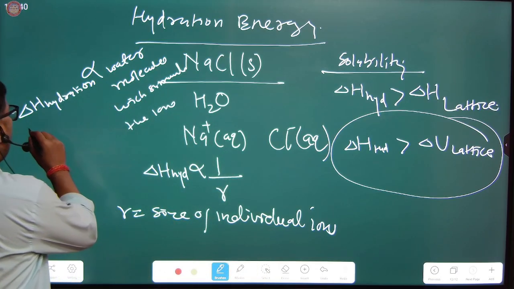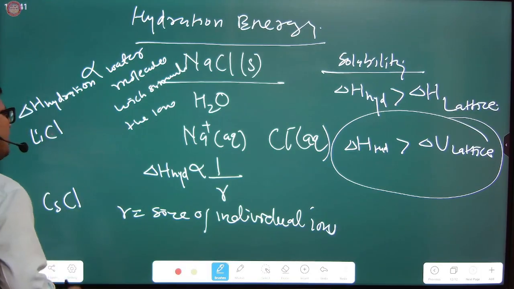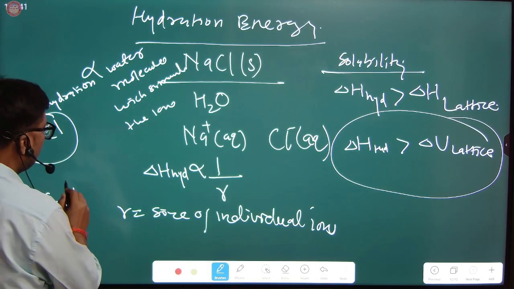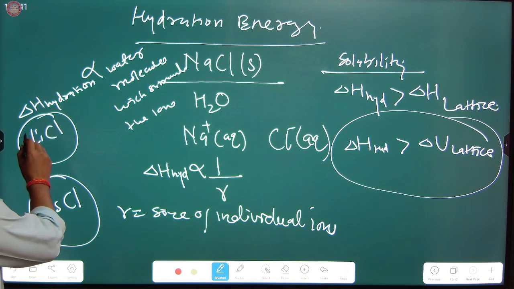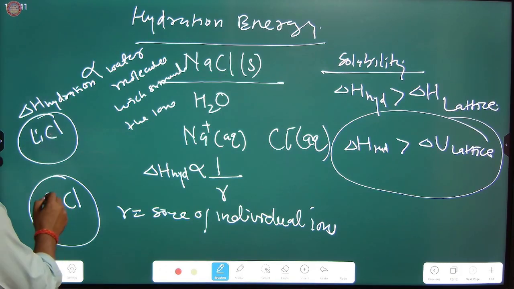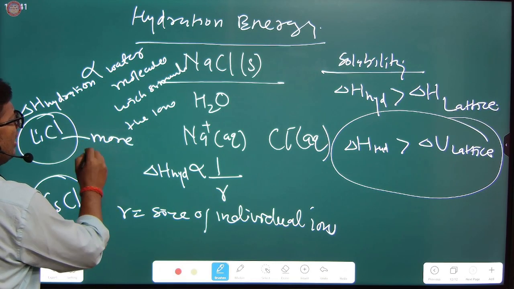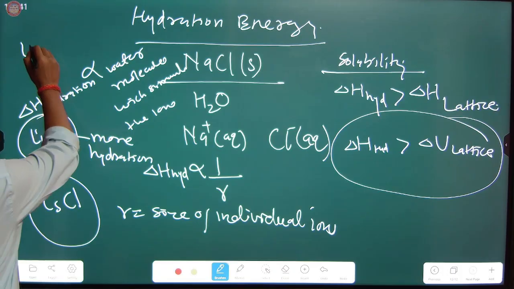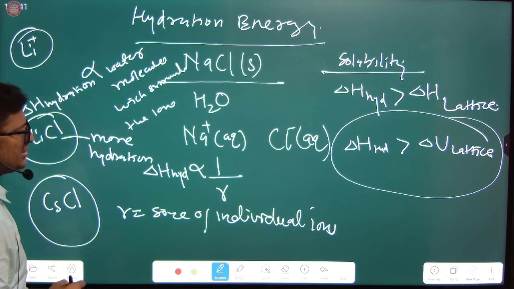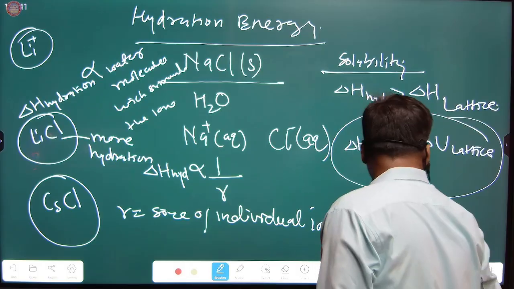Compare, suppose, LiCl and CsCl, right? This is lithium chloride and this is cesium chloride. Cesium chloride is formed from the bigger cation, and this is formed from the smaller cation, so it has more hydration of the ion. This Li+ surrounds a large number of water molecules, right?